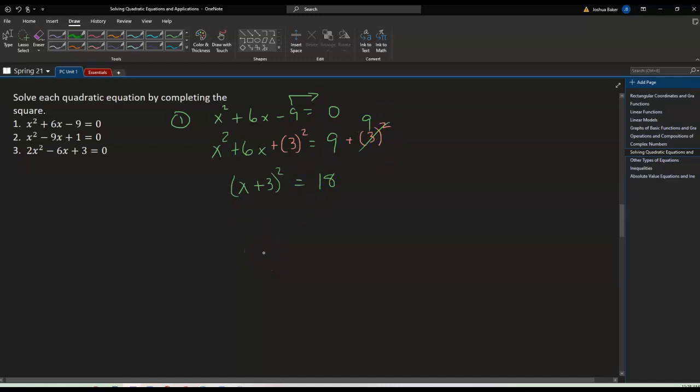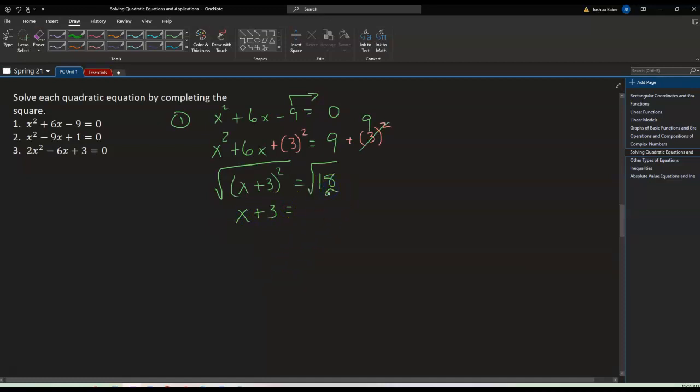Now this is set up for the square root property, but we had to do this process called completing the square first in order to get there. So if I take the square root of both sides, the left side is going to be x plus 3.